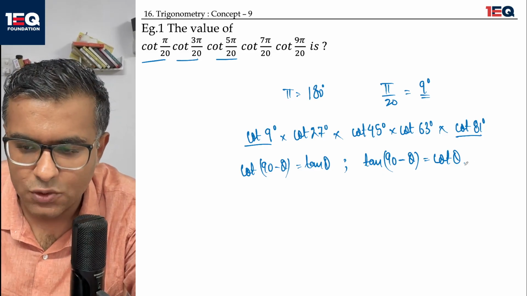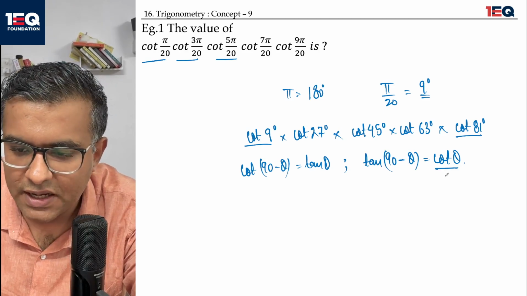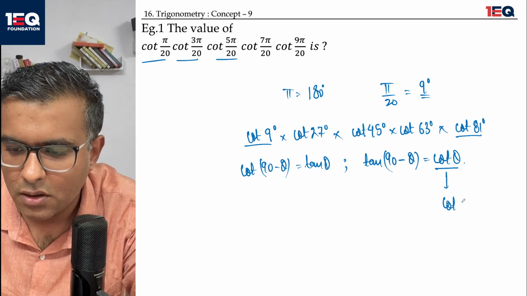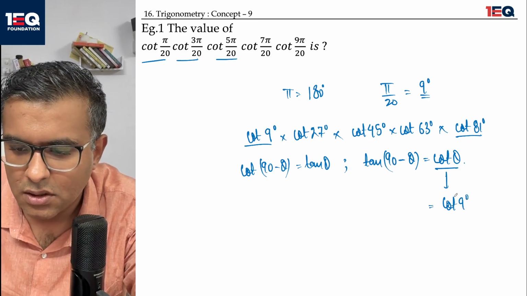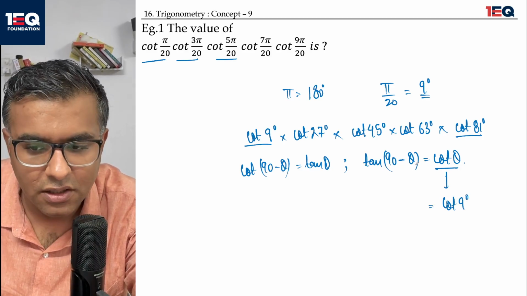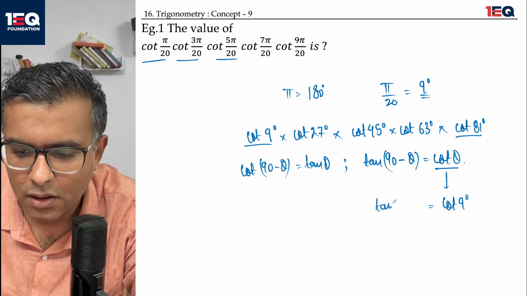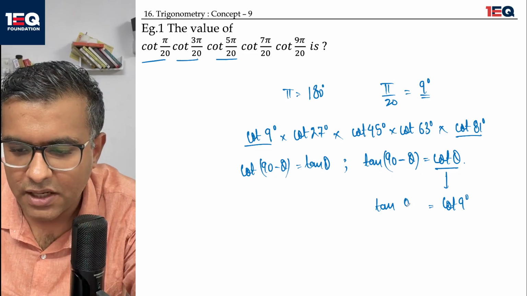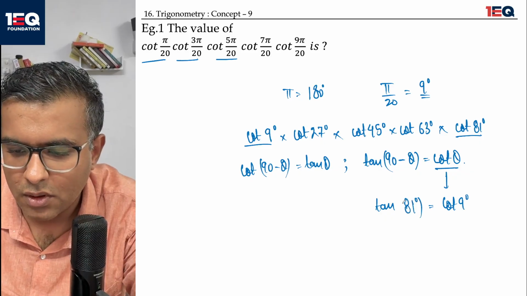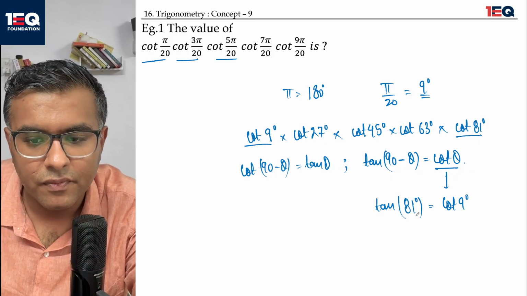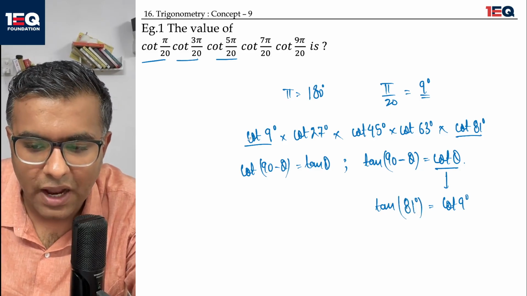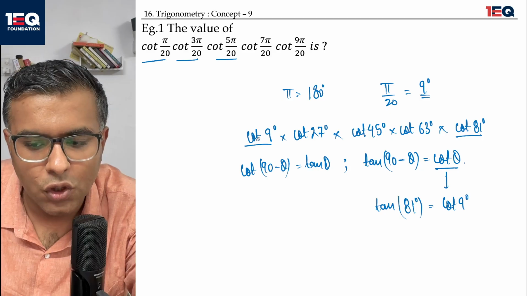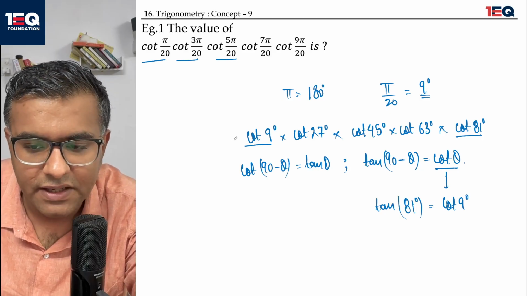So in this situation, if I have cot theta as cot 9 degrees and I put the value of 9 here in theta, I would get tan of 90 minus 9, being equal to 81 degrees, right? So I can write cot 9 as equal to tan 81 degrees.